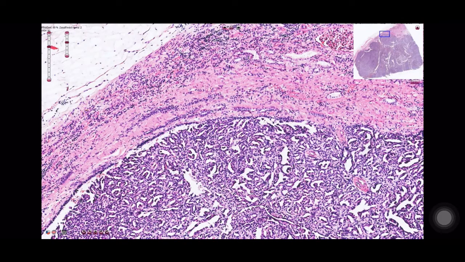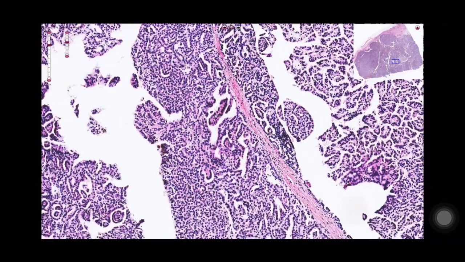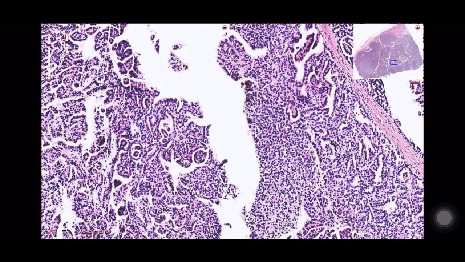It is usually thicker. Here we can see the papillary pattern of growth where the tumor forms these papillary structures lined by neoplastic cells with central fibrovascular cores. It is not uncommon to see other types of growth. Here we have an example of glomeruloid structures that resemble normal renal corpuscles.